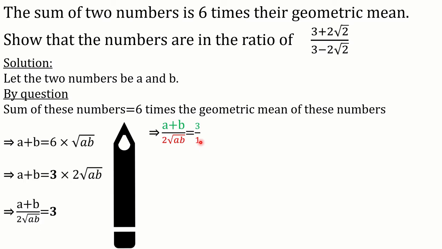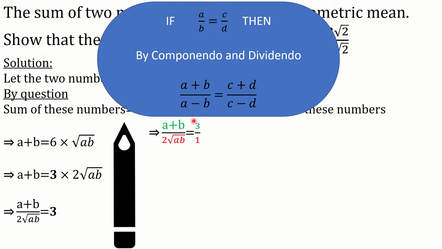Now, before we continue further, let's recall one concept. We have learned that if a/b is equal to c/d, then by componendo and dividendo, we can write (a + b)/(a − b) is equal to (c + d)/(c − d).